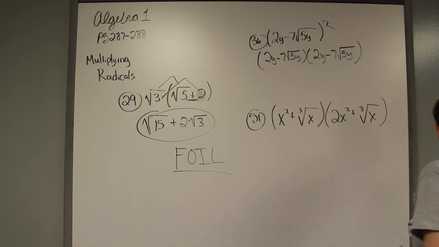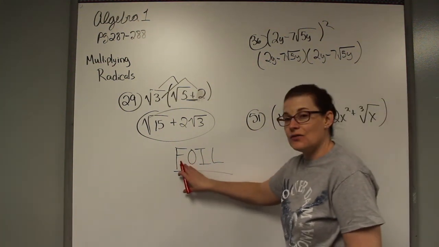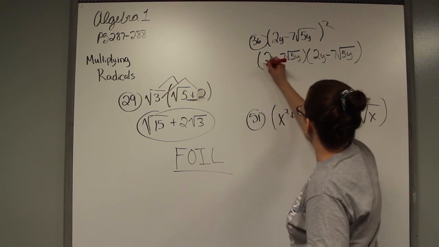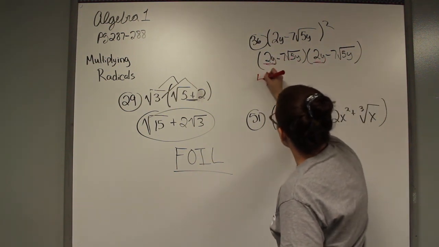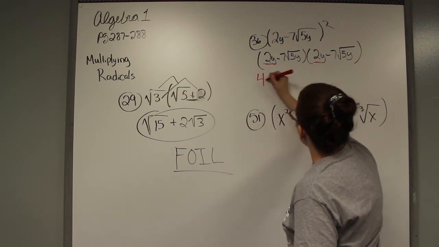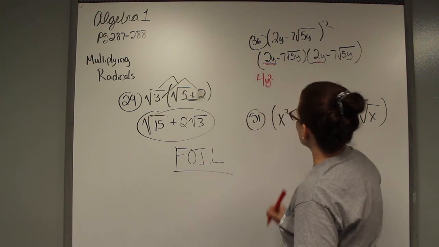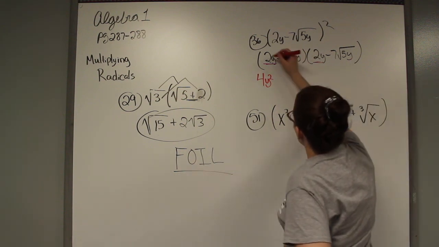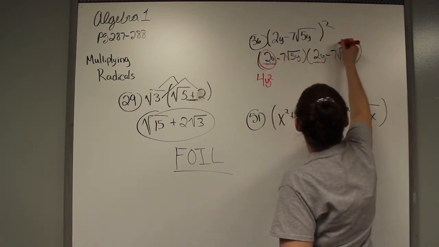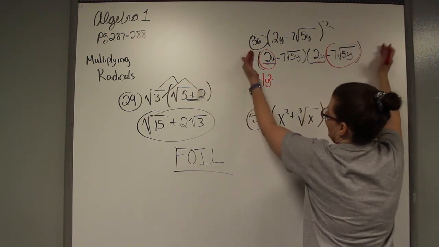So we're going to FOIL, and I'll use a different color. The F in FOIL stands for first, so that means the first thing in each parentheses. So 2 times 2 is 4. Y times y makes y squared. Remember, we add those exponents, and those are ones. The O stands for the outside, which would be this one and this one on the outer sides.